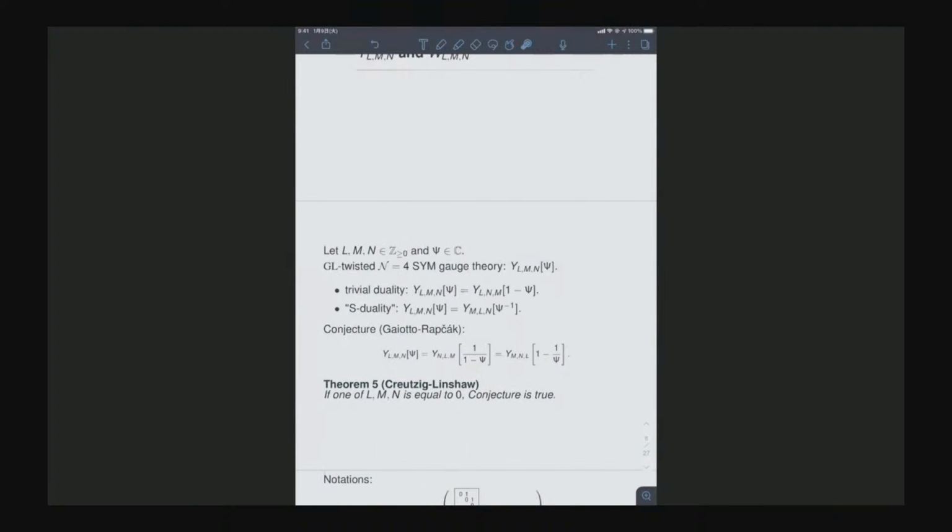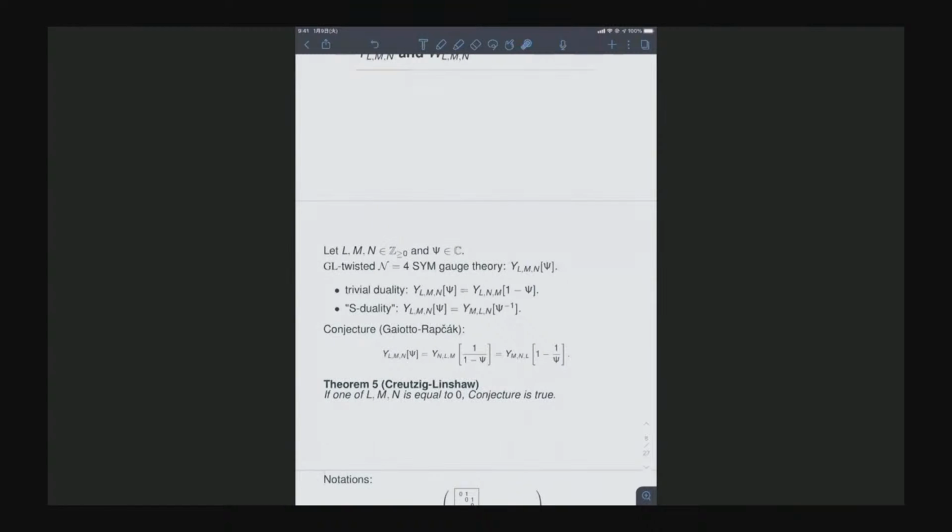As maybe last time Thomas explained a little bit, twisted N=4 super Yang-Mills gauge theory gives some two-dimensional conformal field theory corresponding to some vertex algebra named Y, L, M, N, psi. That is motivated by the correspondence between gauge theory and two-dimensional conformal field theory.